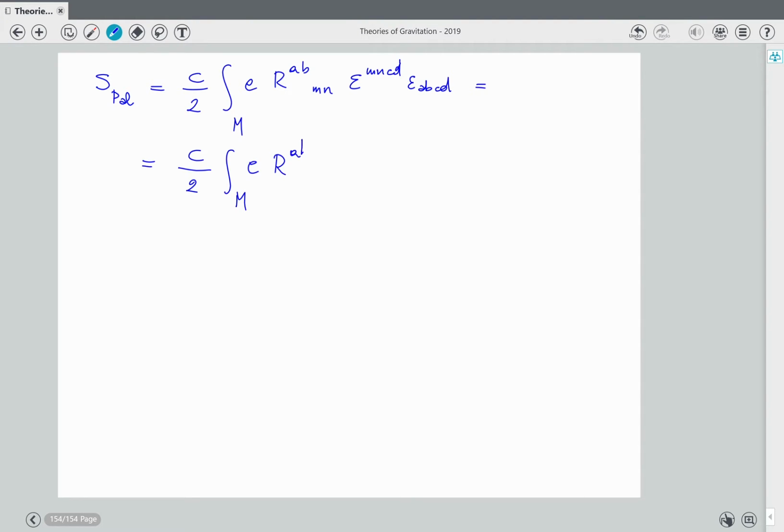So R^{ab}_{mn}, and this, you know, is minus 2 times a bunch of delta functions. So it's delta^m_a delta^n_b minus delta^m_b delta^n_a.